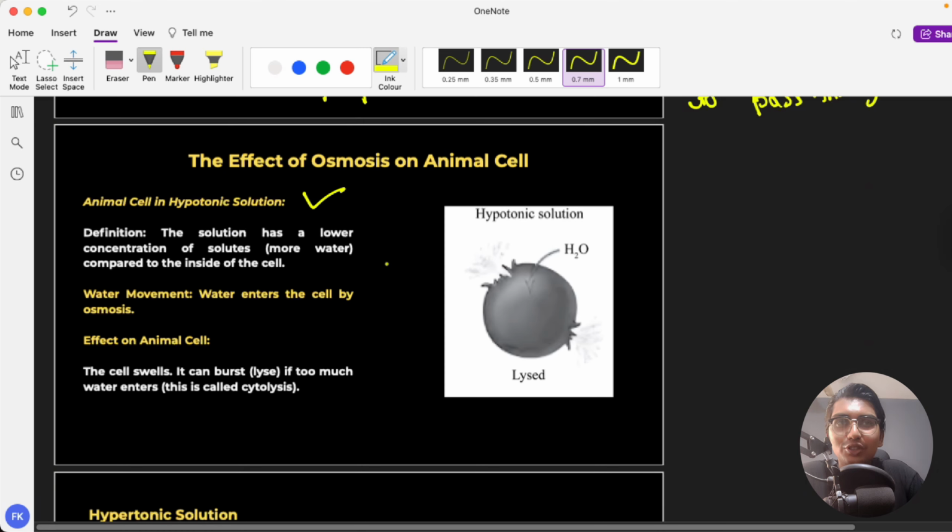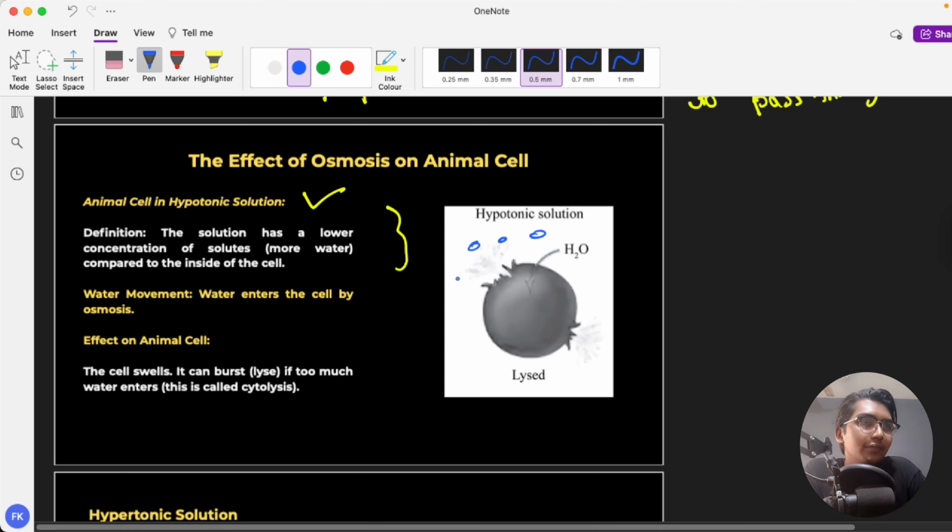The hypotonic solution has a lower concentration of solute, more water compared to the inside of the cell. You might think this sounds complicated, but it isn't. Hypotonic solutions are solutions which have more water molecules than the inside of the cell.